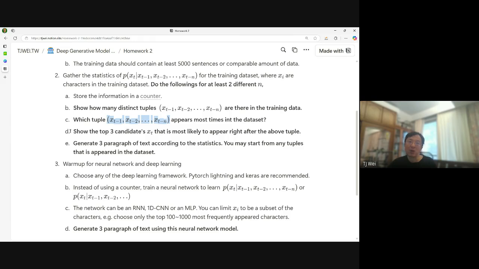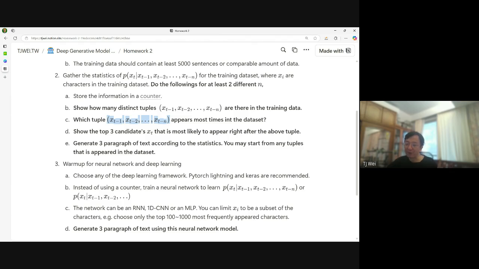Then finally, our goal is to generate something similar to the text. So generate 3 paragraphs of text according to the statistics. You may start from any tuples that appeared in the dataset. Basically, just try to generate 3 different paragraphs of text.